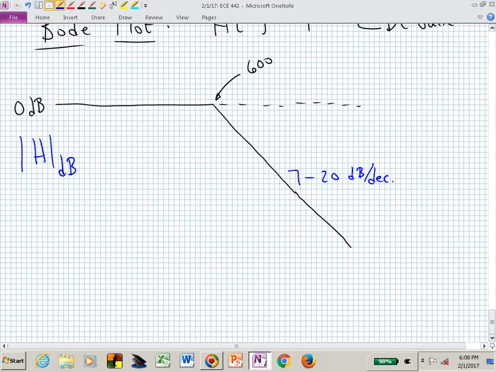The other half of the Bode plot sketch. Question? Where did the 7 come from? Is that the 7 that you're seeing? This is my graphical talent. That wasn't 7 minus 20. That was actually trying to indicate that I'm measuring the slope, the rise over run. And here I'm going down over run.